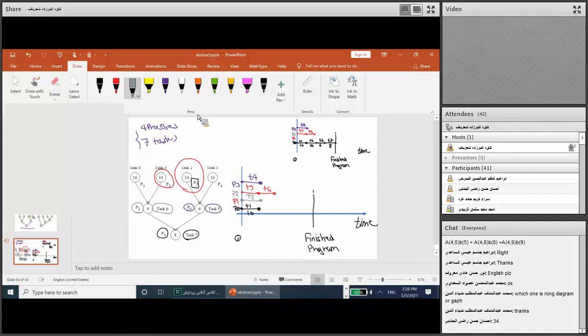T1 and T2 are now executed in parallel, not serial like here.